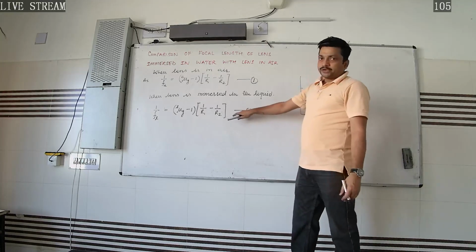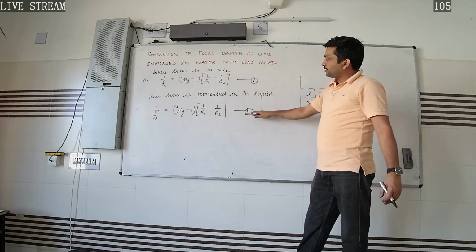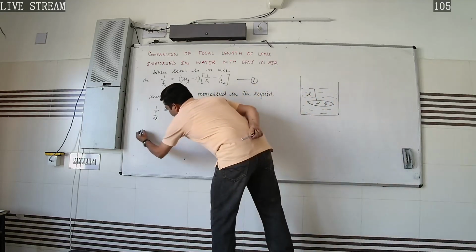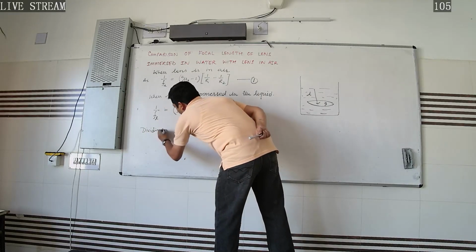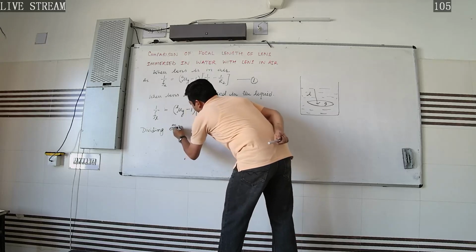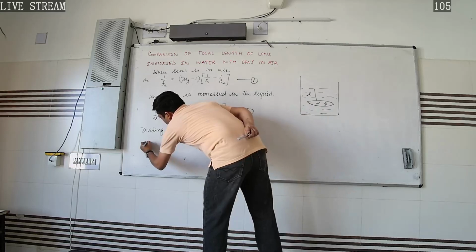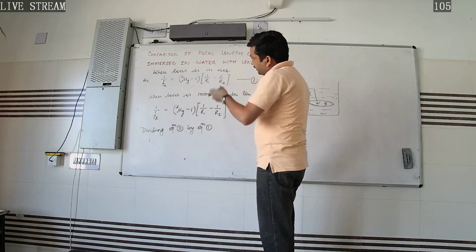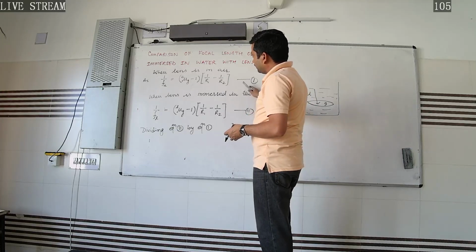Now we want to compare the focal length of the lens immersed in water with the lens in air. So we will divide equation number 2 by 1.